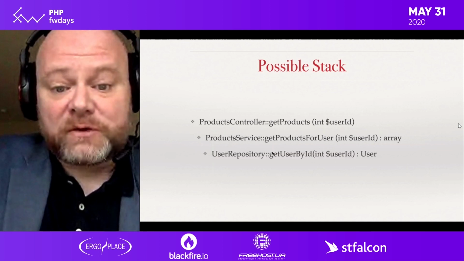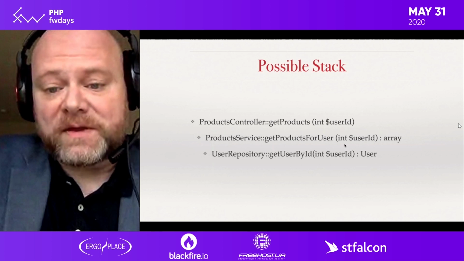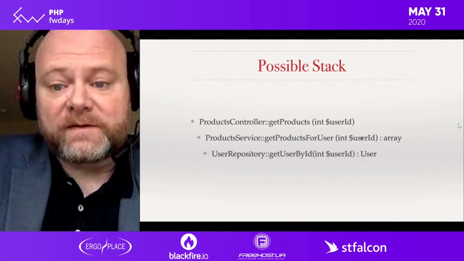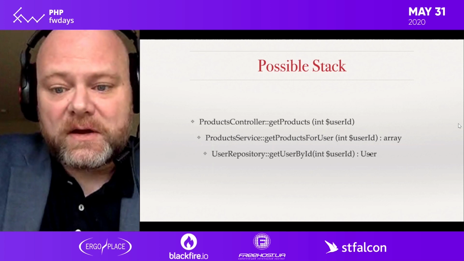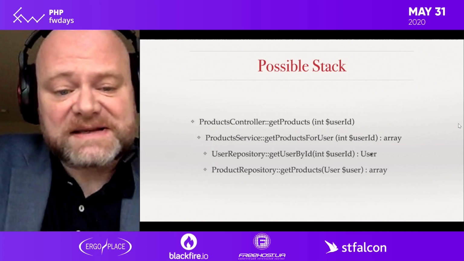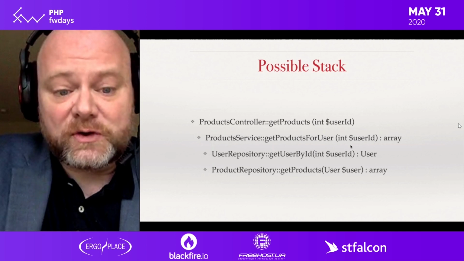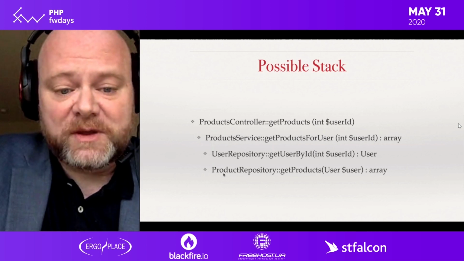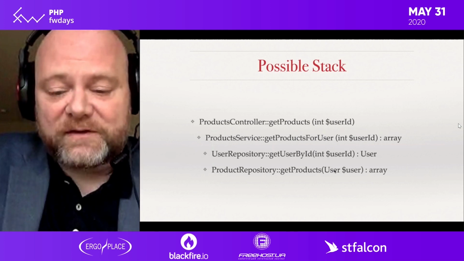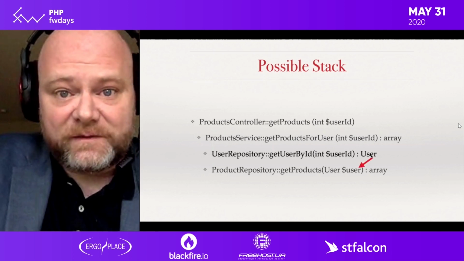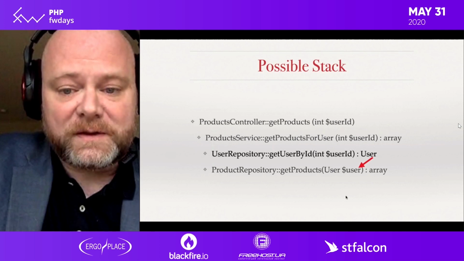One is a user repository with a get user by ID method, right? So the first thing that we want to do is retrieve the user that was passed. And then once we have a handle to this user, we could pass this user to a call to the next repository, which would be the product repository, get product for the past user, right? So I am passing this user object to the next method.